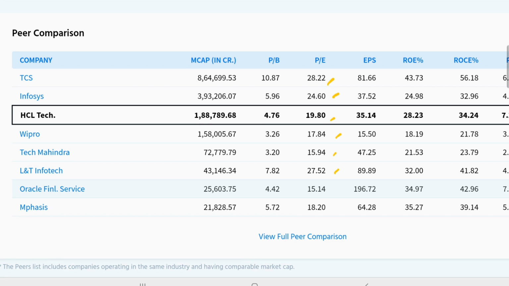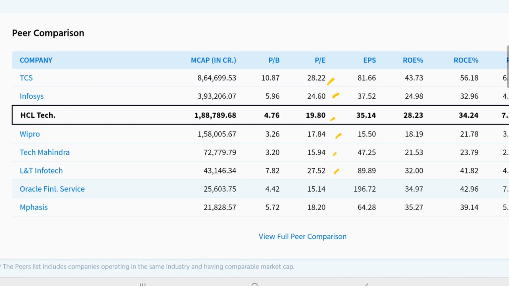So in order to know whether the low P by E ratio is due to less performance or due to it being undervalued. Undervalued means the stock is performing well but the price is a little cheaper. And the other thing, not performing well, means there is no progress in their growth, or there may be some bad news, or the stock is down abruptly due to some internal news, so the P by E will be affected.